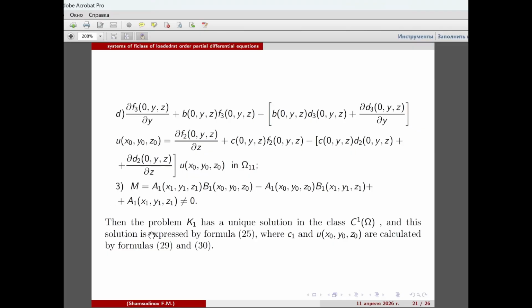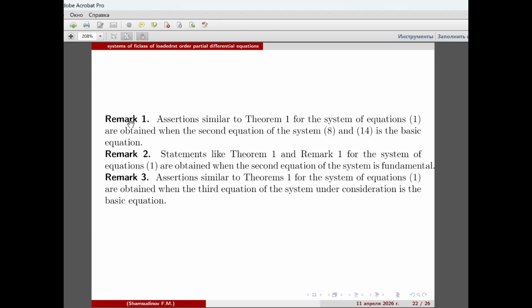Then the problem K1 has a unique solution in the class C1(omega), and this solution is expressed by formula 25, where c_1 and u(x0,y0,z0) are calculated by formulas 29 and 30.